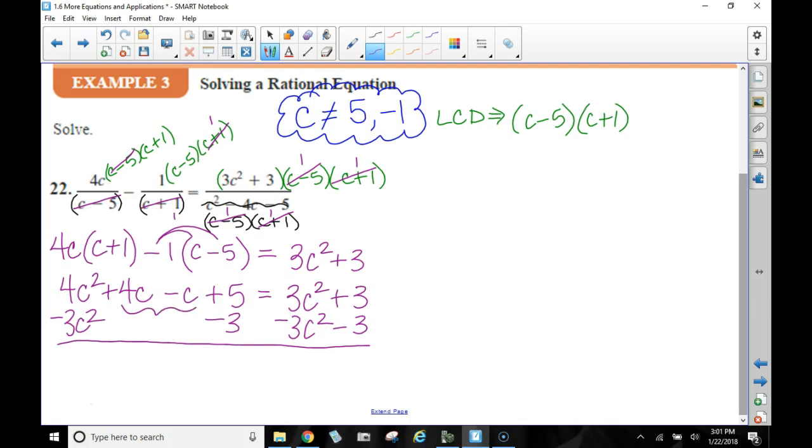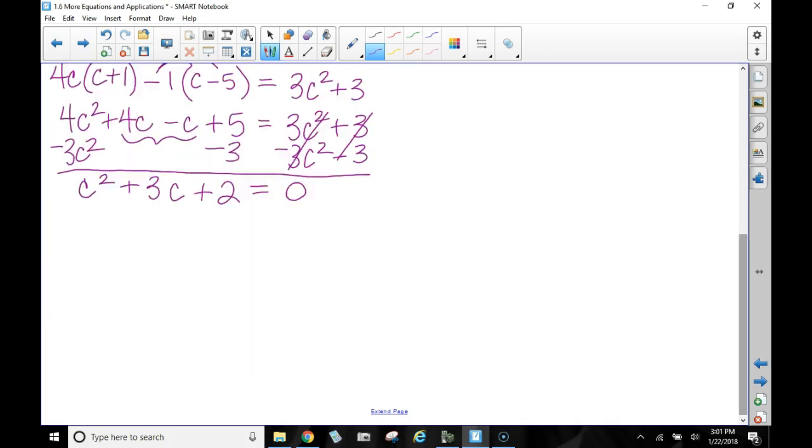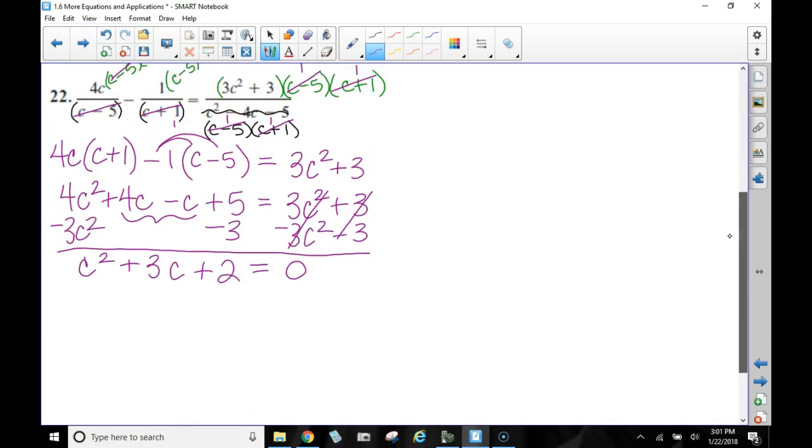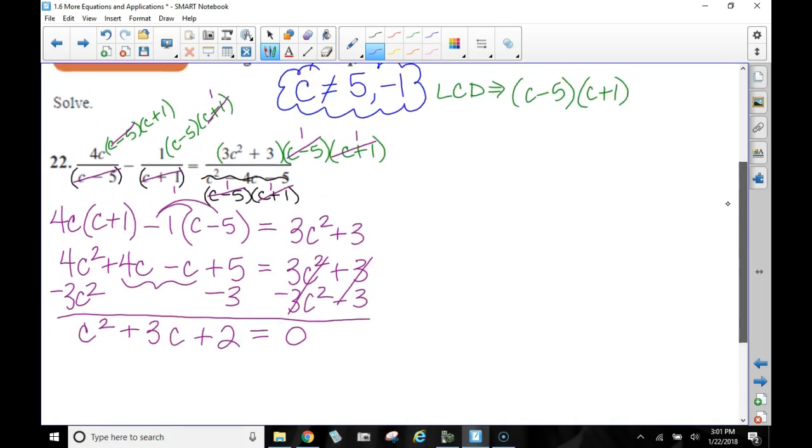So now my equation is 1c squared plus 3c, 5 minus 3 is a positive 2, so plus 2 equals, all that goes away and leaves me with 0. Now I've got a quadratic equation. Let me get myself a little bit more room here to solve this. I still want to see my puffy cloud.